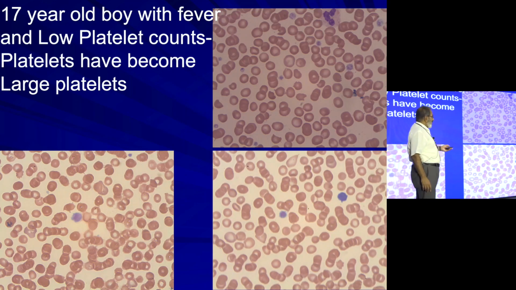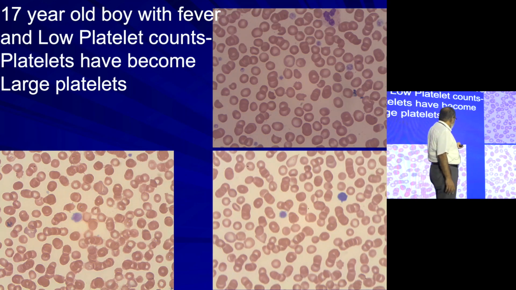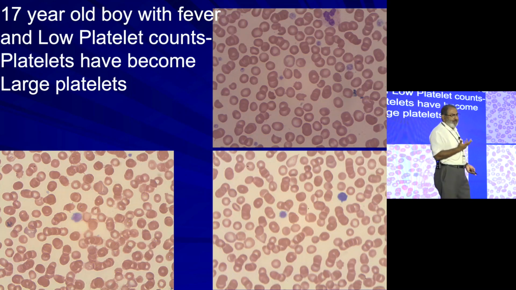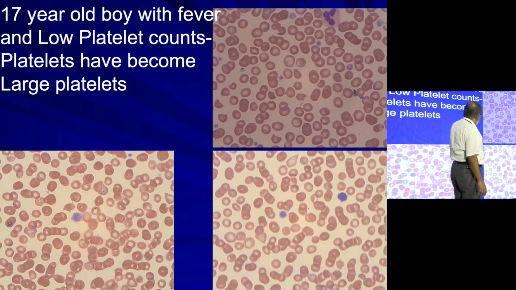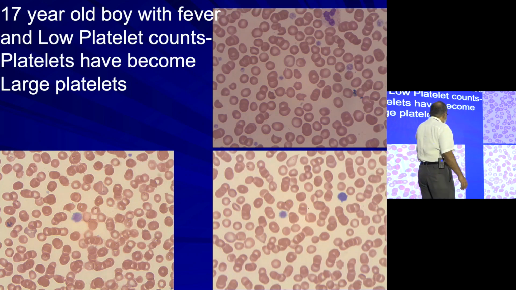Okay, so this is a patient I have been following, our staff kid, one of my colleagues' son who had dengue. So I have been looking at his peripheral smear. When his platelet count is less than 1 lakh, you can see that from normal platelets he starts producing large platelets. This is when the platelet count is 10,000, 20,000.